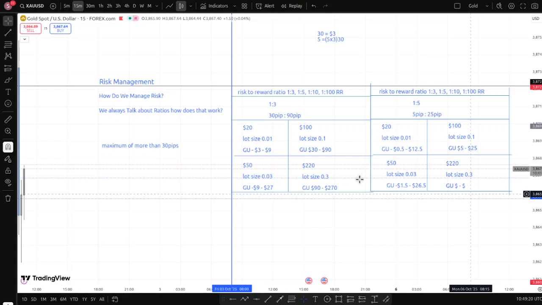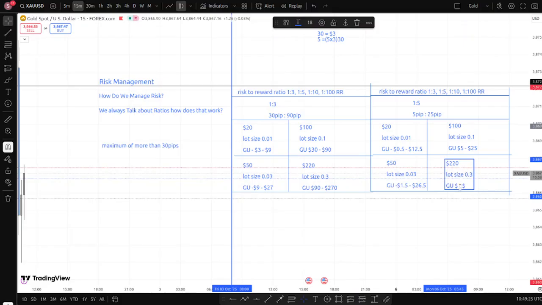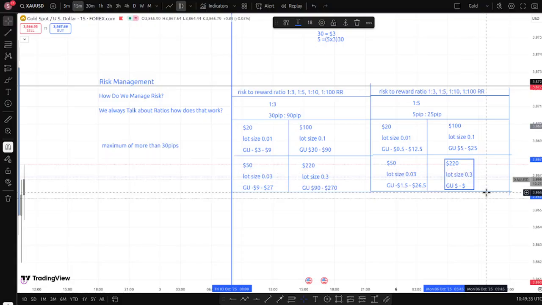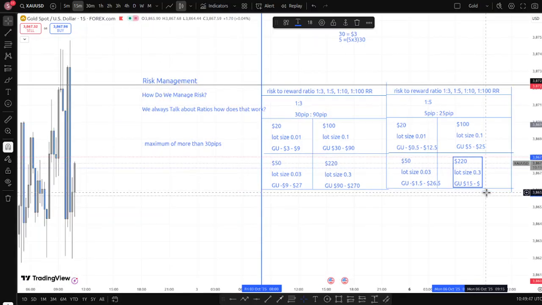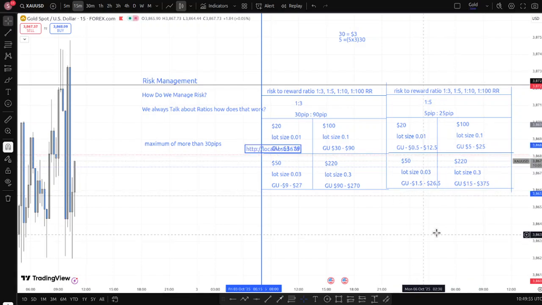Haya. So, tukikuja hii ya mwisho hapa hivi, we're risking 5 pips. $0.3 times 5, hii ni $15, si ndio? Na hiyo $15 yako itatupatia 375. Sawa. Okay, market imetukaribia.